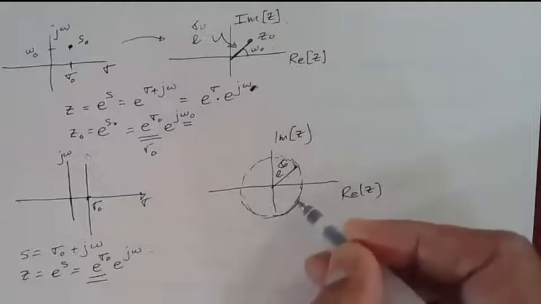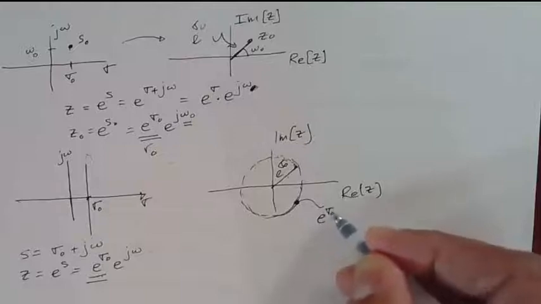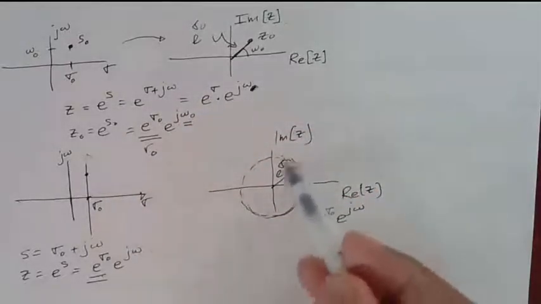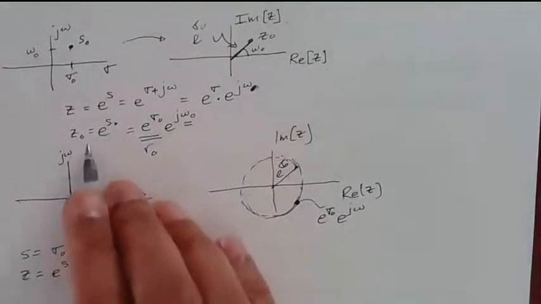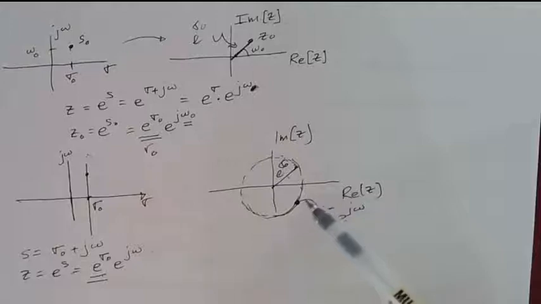And any point on this circle, the radius is e to the sigma 0 and the angle is some omega. So if I pick any point here, sigma 0 and omega, it'll land on a point on the circle. So this line here gets mapped into this circle. Okay, so now you can begin to see why in the Laplace domain the region of convergence is always bounded by a line, but in the Z domain, the region of convergence is always bounded by a circle. Lines in the S-plane map into circles in the Z domain.